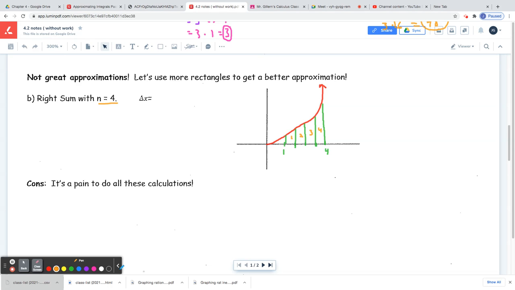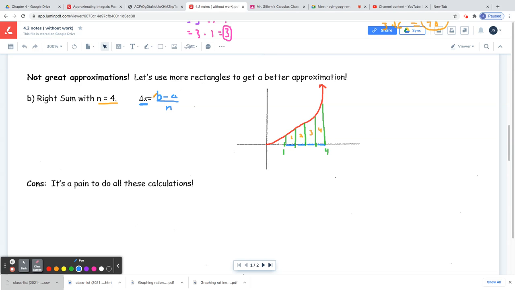Now the question is that we need to figure out first, and this is always the most important thing, what's this base right here going to be? It's going to be the same for all of them, and that's what delta x is. We need to solve and find delta x. The formula we are going to use is b minus a over n.